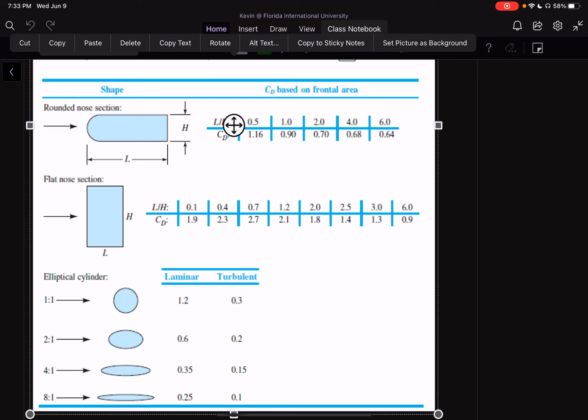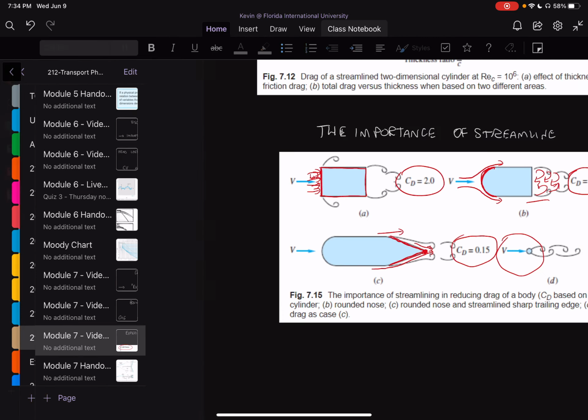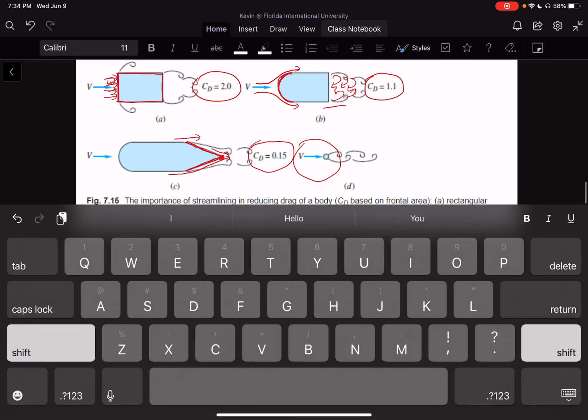So I'm going to copy over this diagram, which is table 7.2, and I'm going to copy table 7.3 as well in one go. So just give me a second while I copy everything.